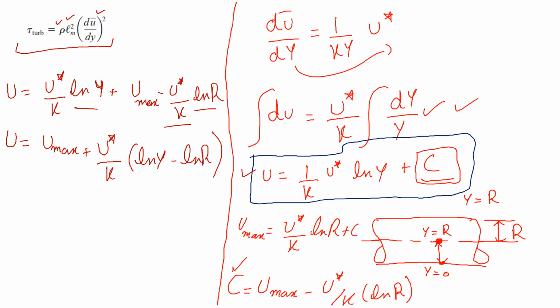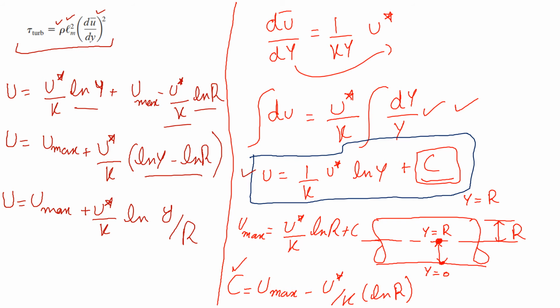We can actually simplify it a bit further by taking the natural log as y over r. So u is equal to u maximum plus u star over k natural log of y over r.